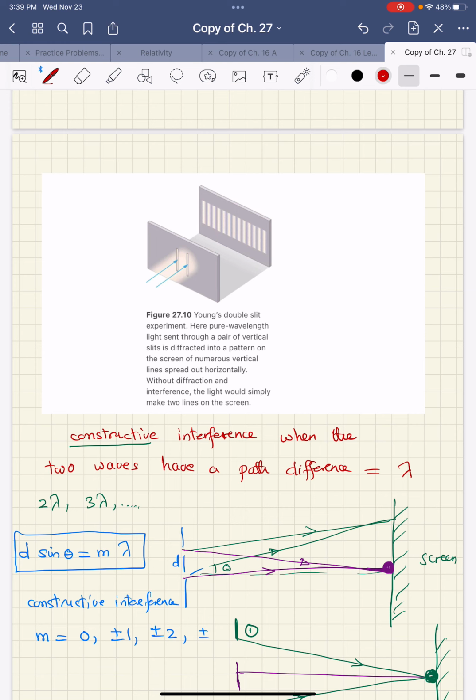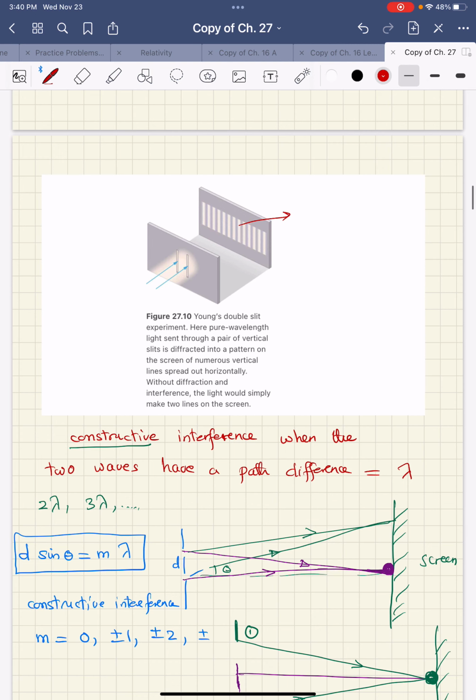Young, a scientist, was shining light into two slits so that he would create coherent light through these two slits, and they interfere. Here we have a screen where we can see bright and dark fringes.